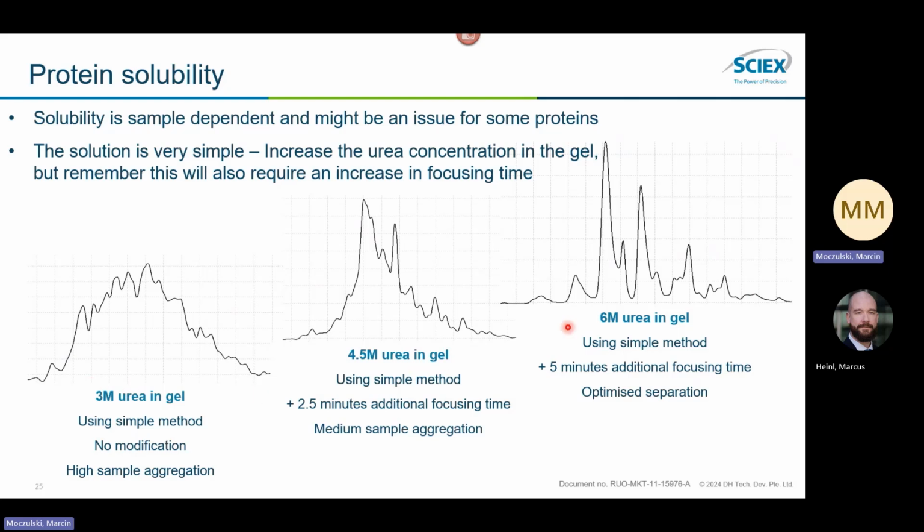Increasing urea concentration, we were able to optimize the method and obtain a very nice and stable profile, allowing us to determine appropriate isoelectric points of the separated proteins.